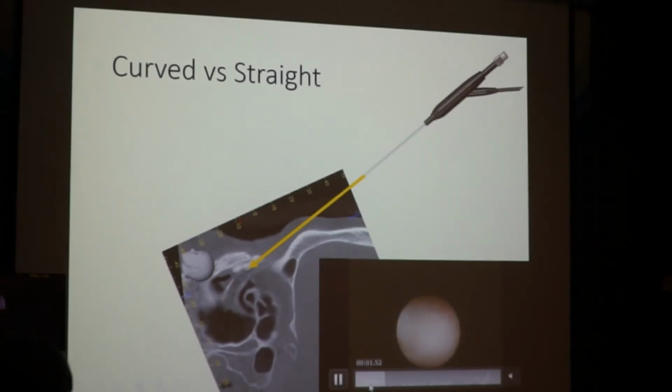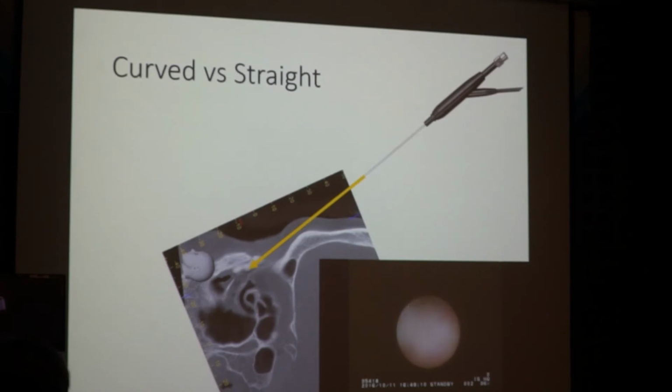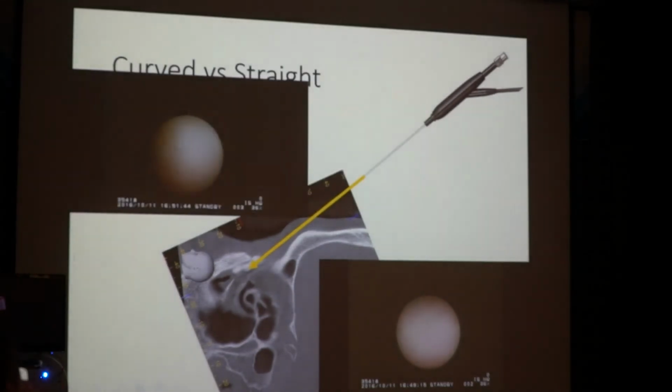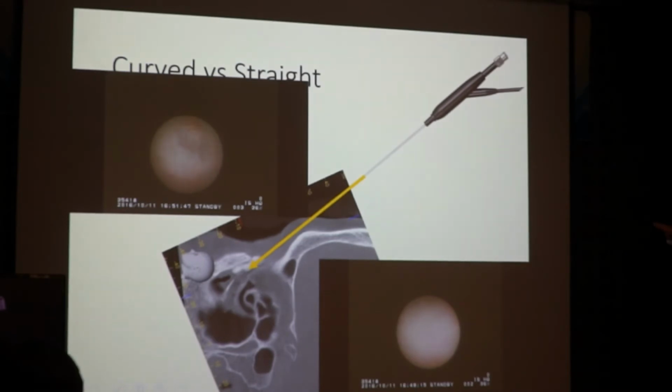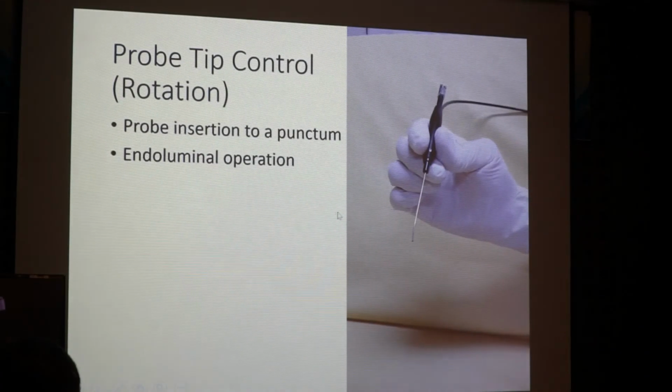I cannot see the obstruction site. What I can see is just the posterior wall, like this. I cannot control the inclination of the fibroscope because there is a limitation due to the orbital rim here. In contrast, when using the curved probe, I can easily see the obstruction point. Of course, I can see the posterior wall, but I can reach the obstruction site like this.